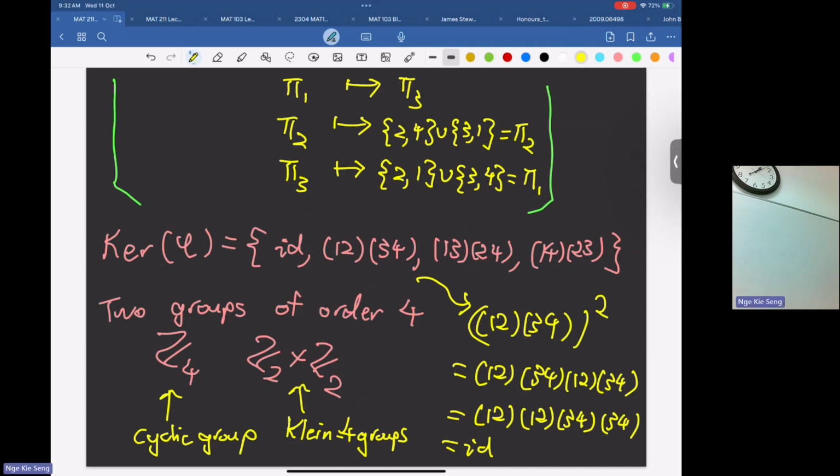Loops composed with loops is still a loop, so it forms a group. The fundamental group of the Klein bottle is Z2 cross Z2. We attach a group to a manifold; this is what algebraic topology does.